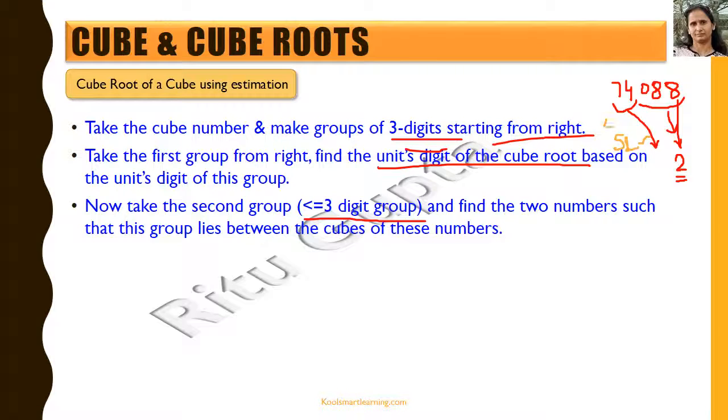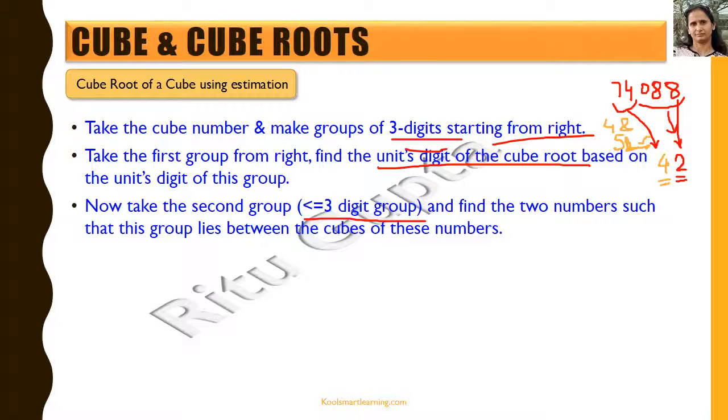So it lies between 4 and 5, because 4 cube is 64, which is just below 74, and 5 cube is 125, which is the nearest cube above 74. So we place the lower of the two at the tens place of the cube root.